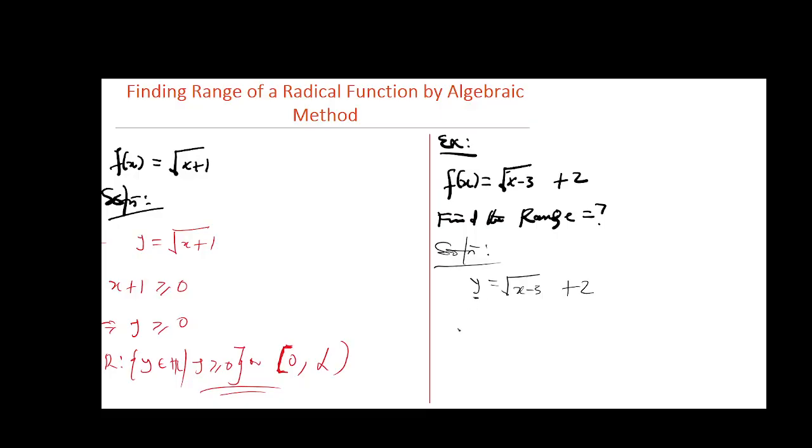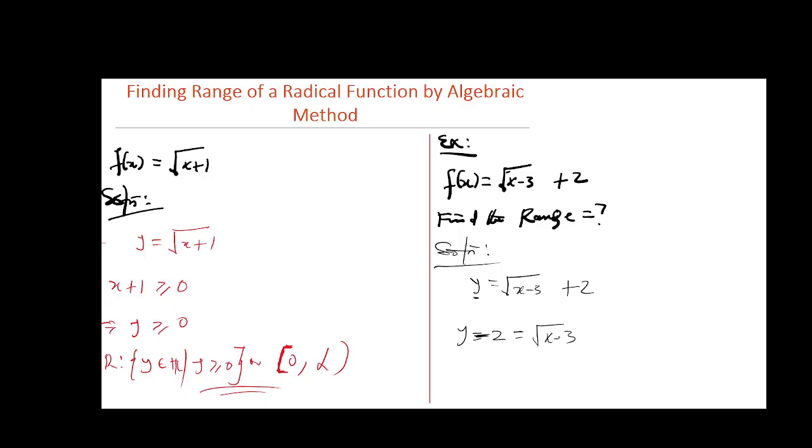So this will mean that y will be equal, we take 2 to the other side of the equation. So y minus 2, all right? If we are subtracting 2 from both sides of the equation, that's the only way we can eliminate 2 from here. So y minus 2 will give us equal to root x minus 3.